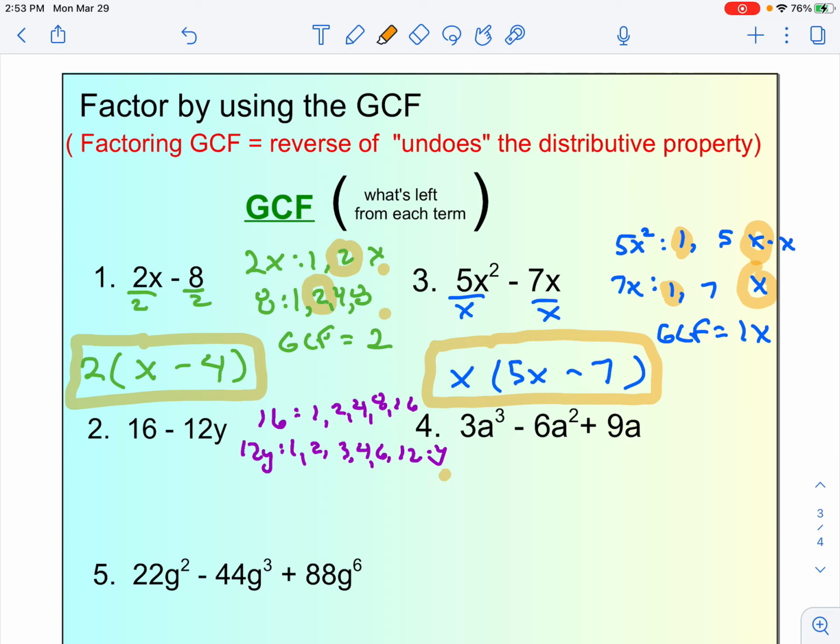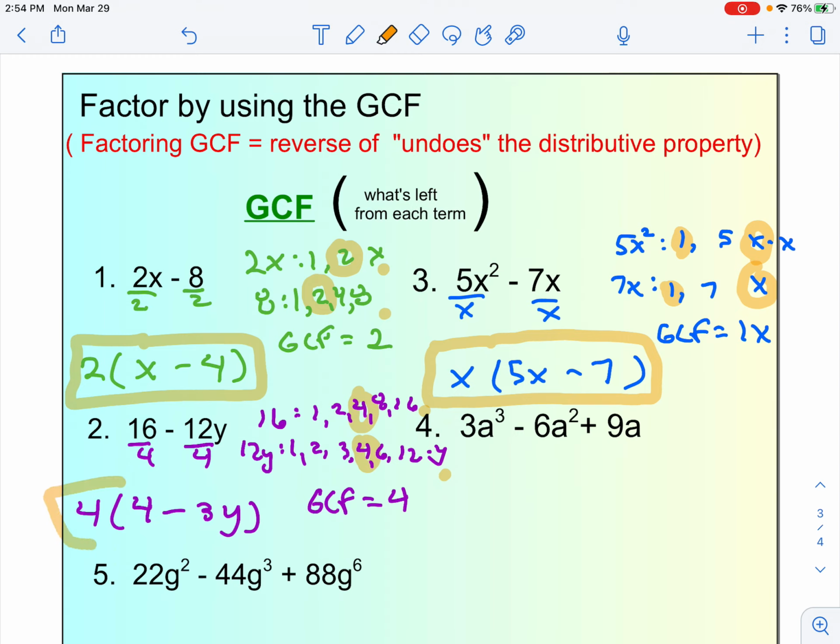So now look at what's in common. There's a y here, but none up there. Then my largest number that is in each list is 4. So my GCF is simply 4. So 4 goes on the outside. What's left when you divide goes on the inside, so this would be 4 minus 3y.